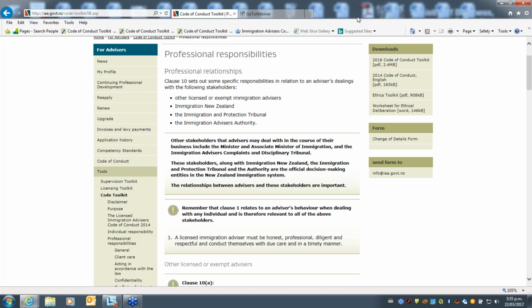Okay, question regarding confidentiality. I'm thinking of writing a blog about immigration. Can I take some examples from client situations without mentioning their name or other private information? So you can, but you need to take great care that you are not inadvertently disclosing the details.